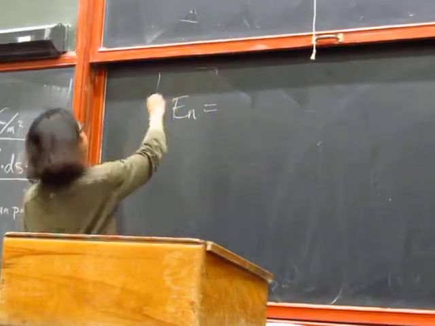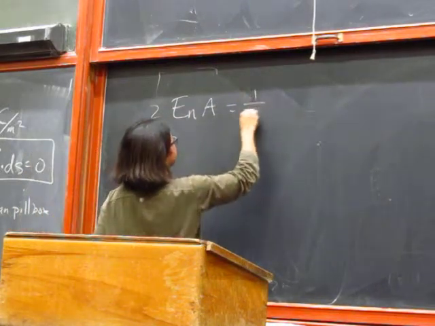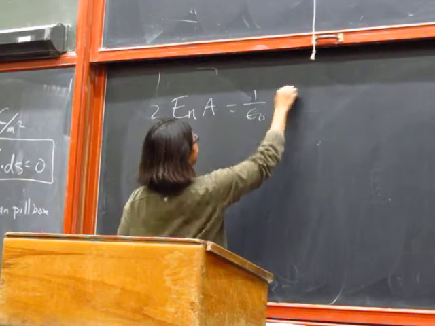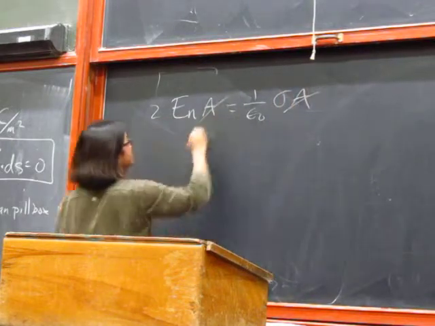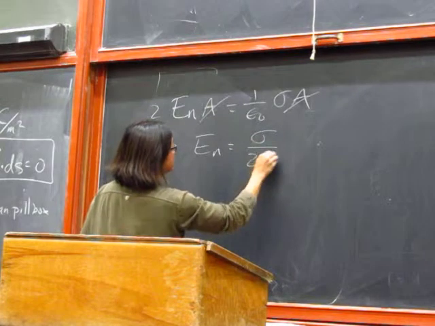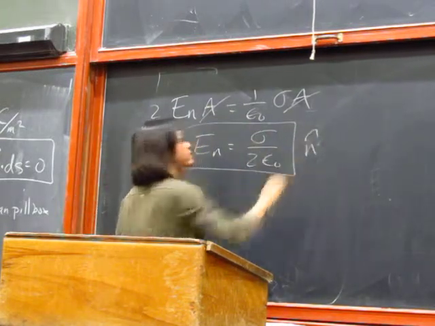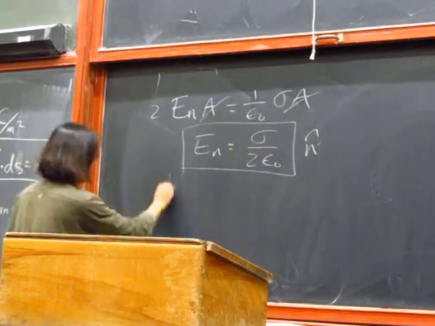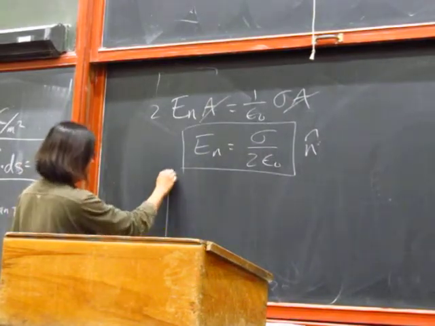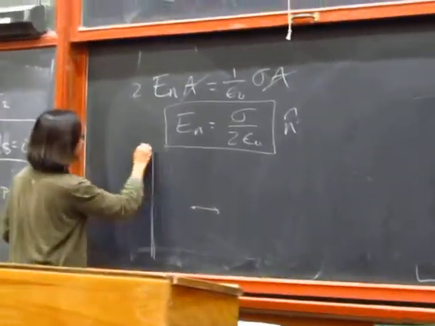We solve that: 2 En A is equal to 1 over epsilon naught sigma times A. The A cancels, so you have En is equal to sigma over 2 epsilon naught, normal to the surface, right? So if you look at it here, this is the sheet, all the way to infinity.